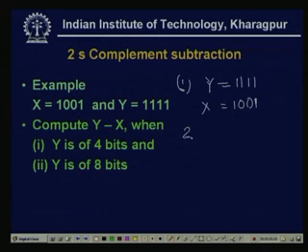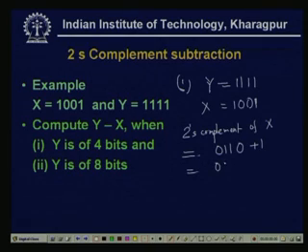Now the 2's complement of x: the 1's complement of x is 0110, flipping the bits, plus 1, this is equal to 0111.